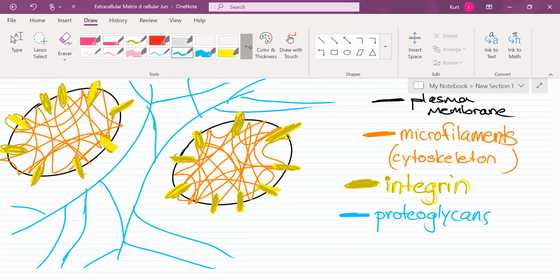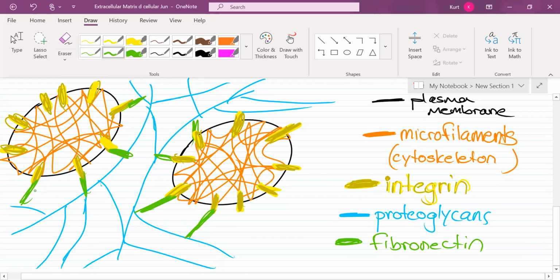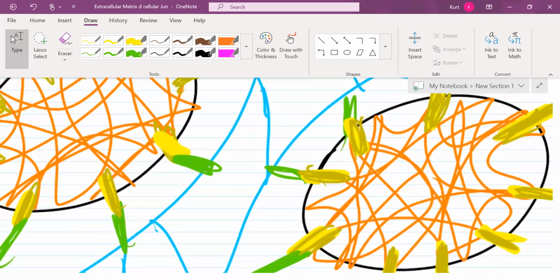And then finally, now we'll go back to the fibronectin. The fibronectin are the ropes connecting the boat to the dock. In this case, connecting the cell to the extracellular matrix. Do they connect on the integrin?